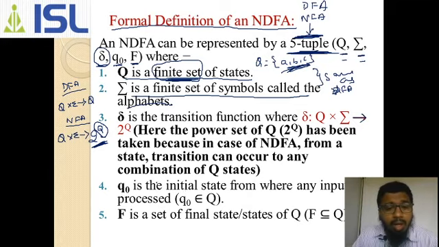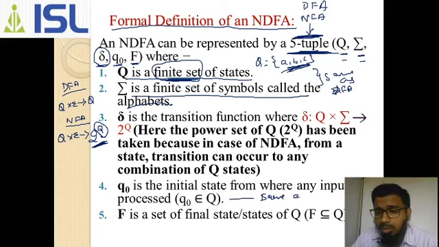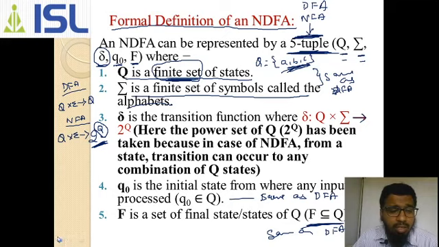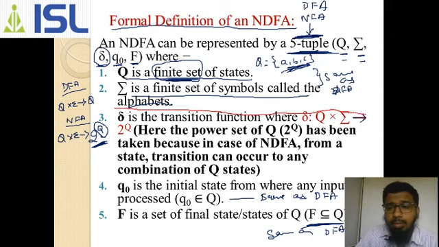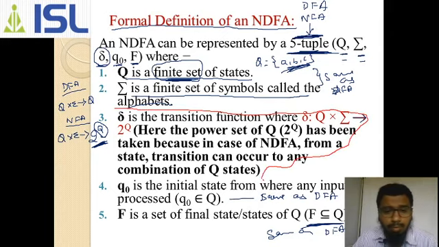Q0 is the initial state, same as DFA. F is the set of final states of Q, F subset of Q. This is also the same as DFA, but the major difference is this one, that is delta.